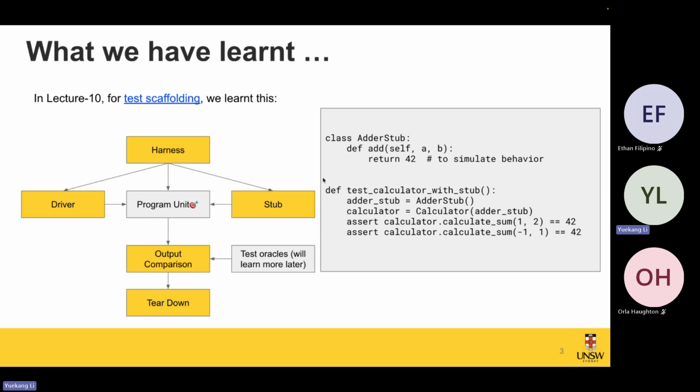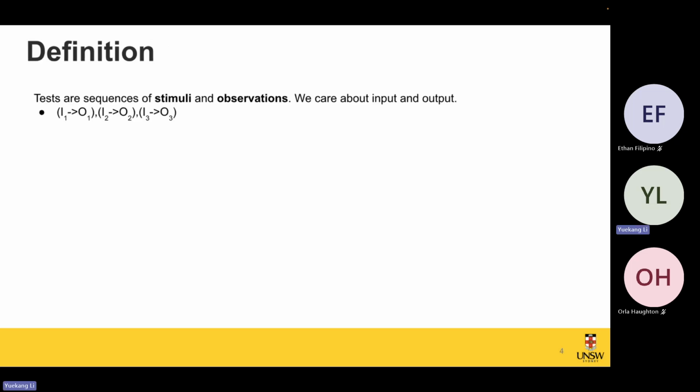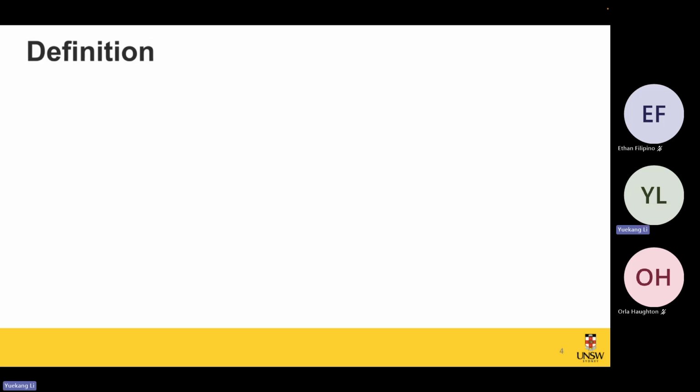Inside this example unit test, can you identify which is the test oracle? The test asserts are the test oracles. And we will learn about this in detail today. So that's just a brief impression of what a test oracle is.